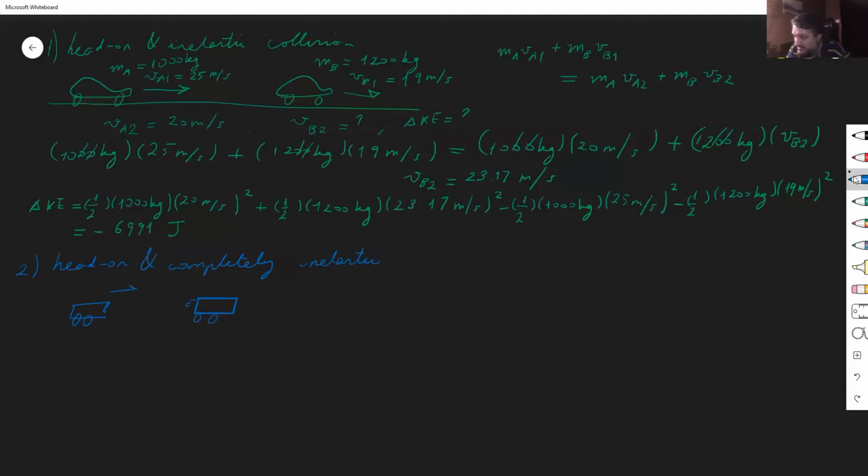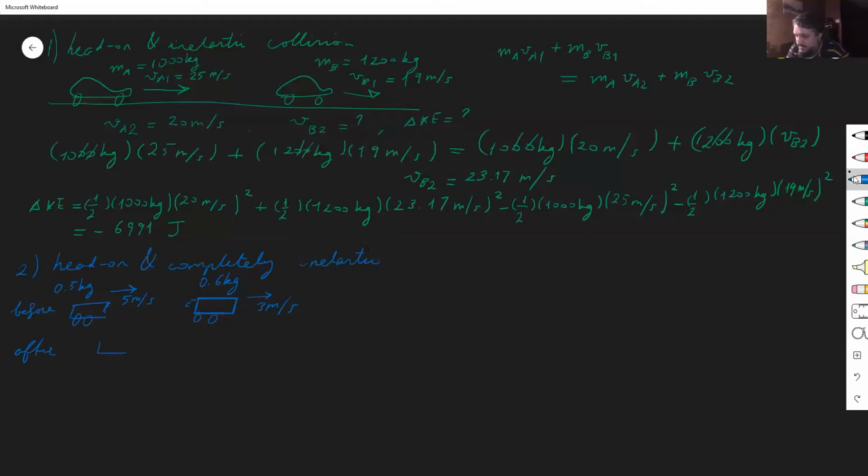Let's say this is 5 meters per second, and this is 3 meters per second. This is 0.5 kilograms, and this is 0.6 kilograms. All right, this is before the collision.